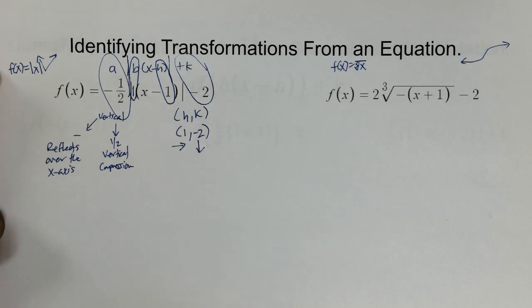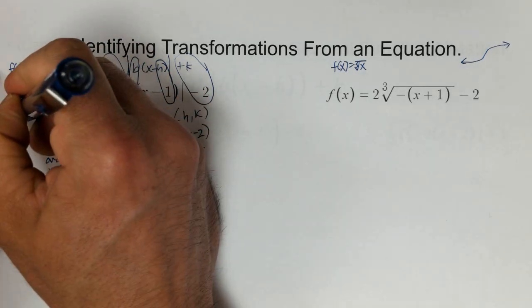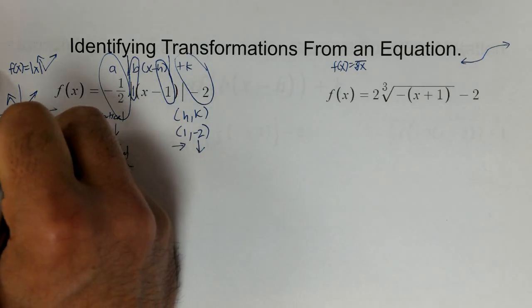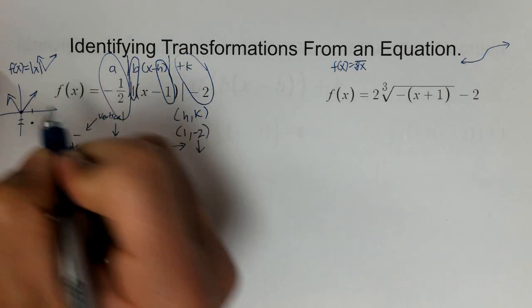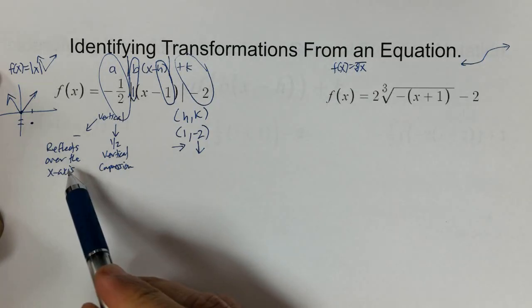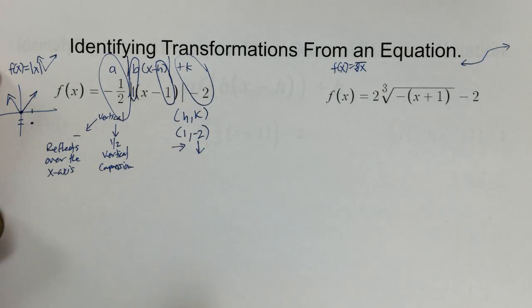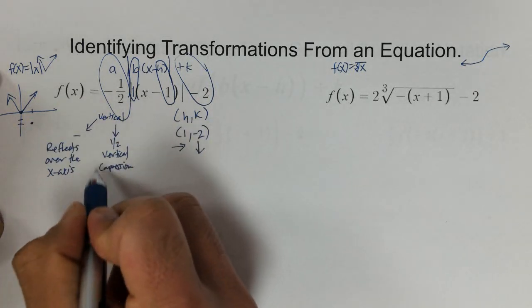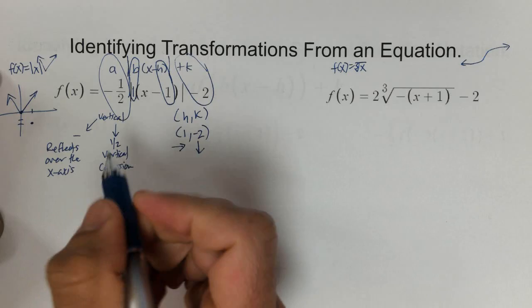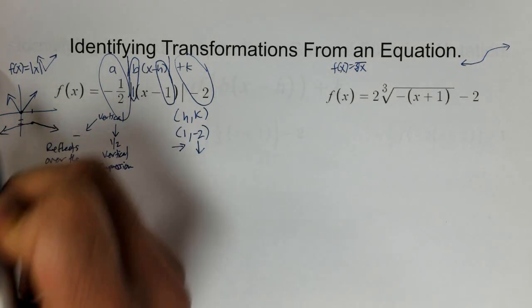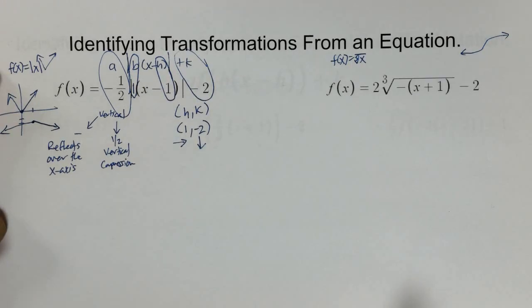So instead of starting at 0, 0, like this function, it moved 1 to the right and 2 units down. At the same time, it's getting reflected vertically, flipped upside down, and it's going to be a vertical compression, so it's going to be wider. So the function will look something like this if I were to graph it.